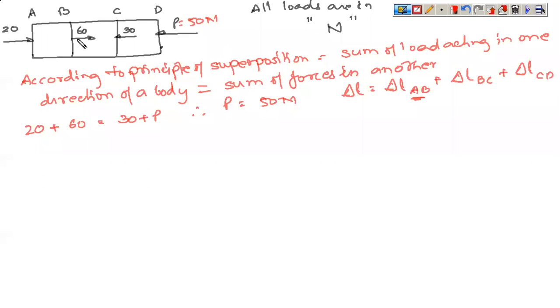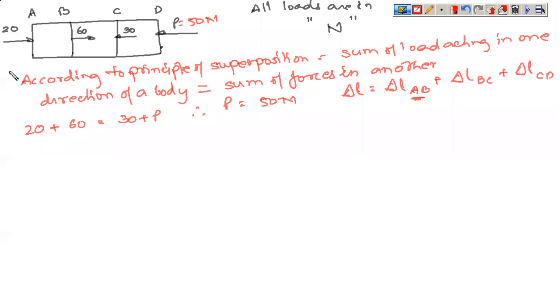Like in BC, you have some load acting in this direction, some load acting in this direction. So direction as well as magnitude, both are a factor here for AB, BC and CD as well. So you first need to find an equivalent amount of load which is applicable for AB.